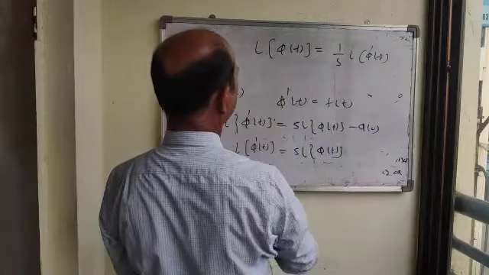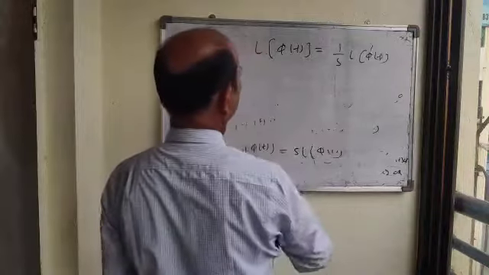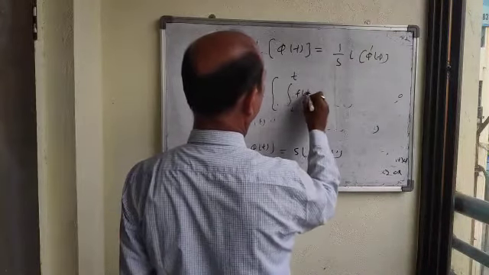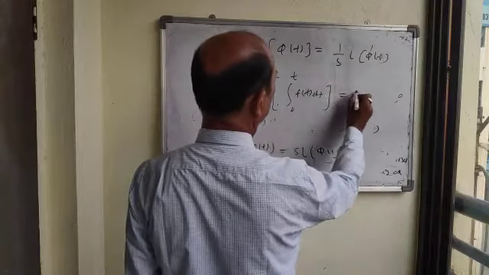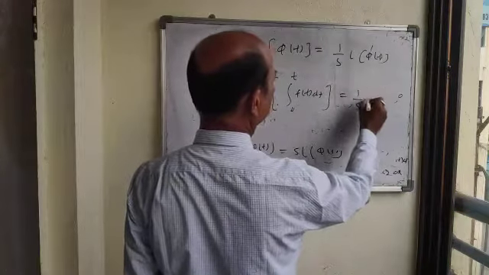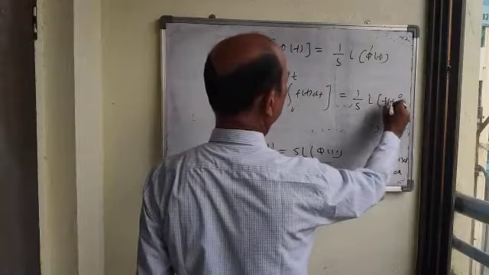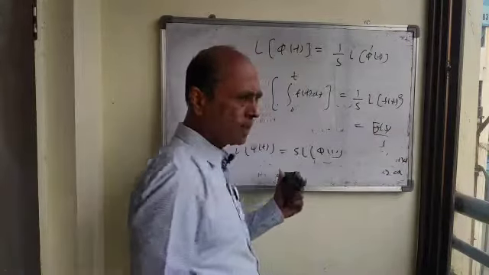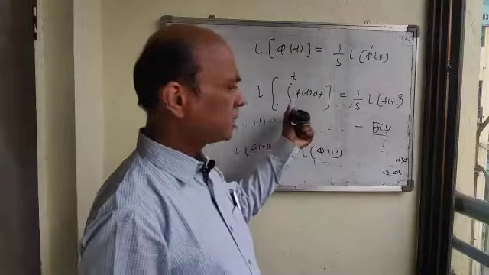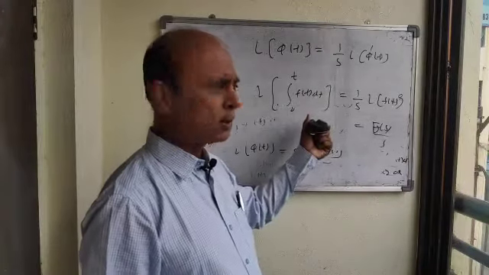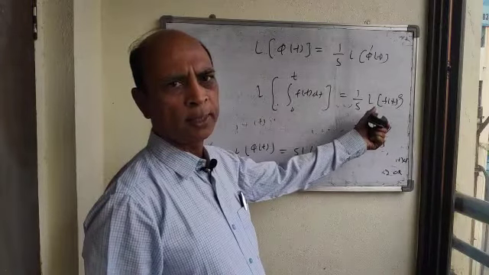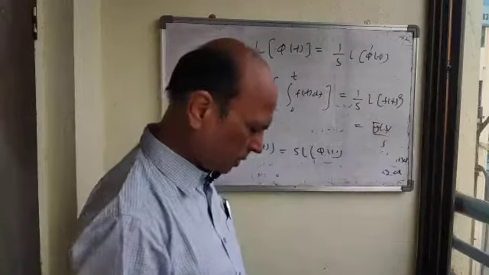So L of phi of t, that is L of the integration from 0 to t of f of t dt, is equal to 1 upon s, and phi dash of t means f of t. So L of f of t upon s, or we can write F of s upon s. So in this way, the Laplace transform of the integration from 0 to t of f of t dt is equal to 1 upon s L of f of t, or F of s upon s.